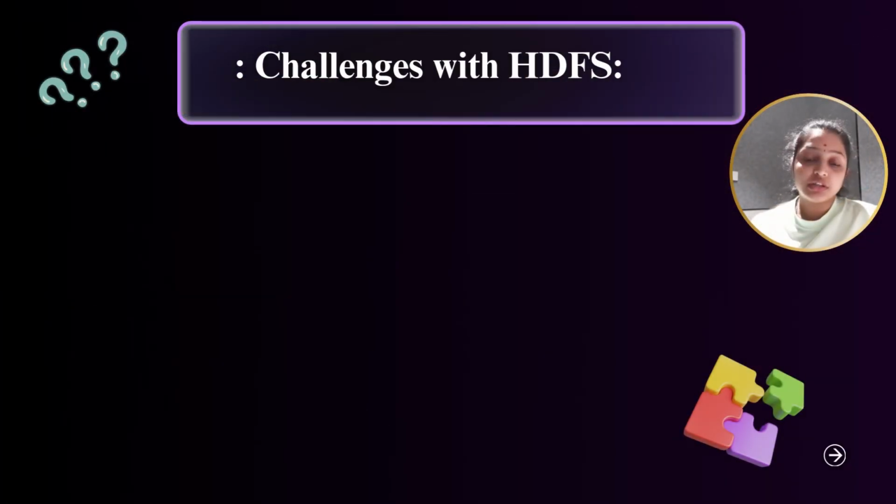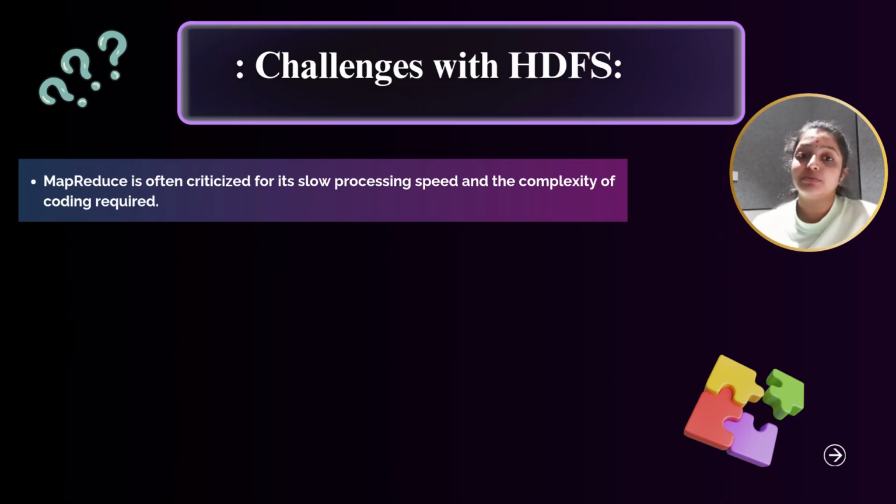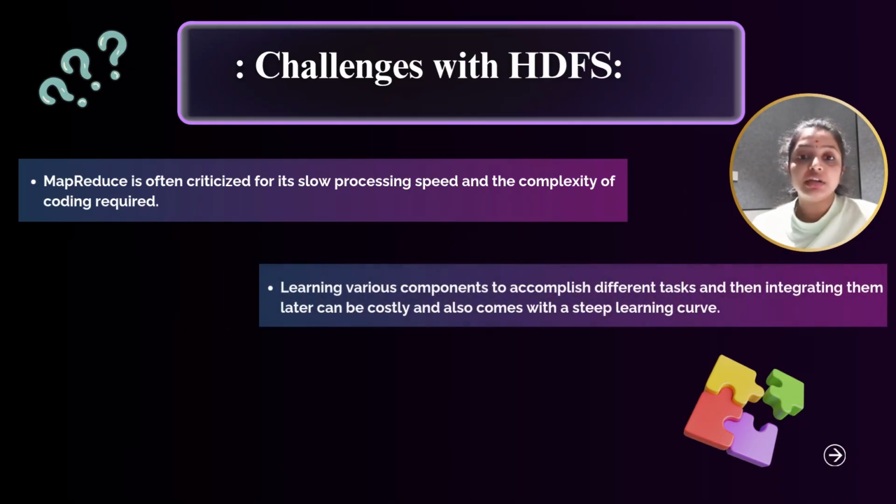Okay, coming to the challenges with the Hadoop ecosystem. Even though Hadoop is very useful, it has some limitations too. The first thing is MapReduce. It is very slow when it comes to performance, and writing the code is very complex. Sometimes even understanding the code becomes difficult, and the learning curve is too steep because you already saw there were many tools available, each for a different purpose.